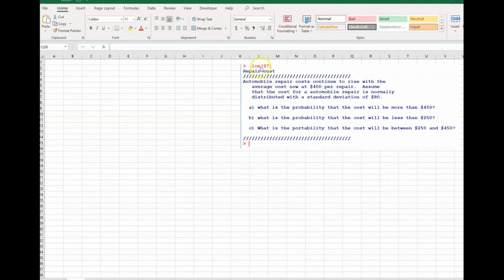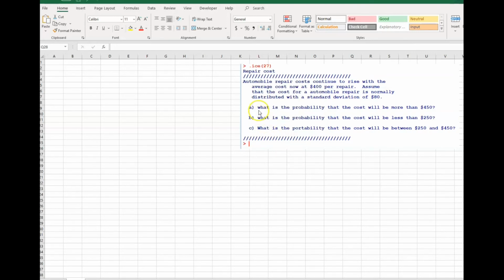Let's look at one example. This is in-class exercise 27, repair cost. The average cost is $400 per repair. Assume the cost follows a normal distribution with a standard deviation of 80.